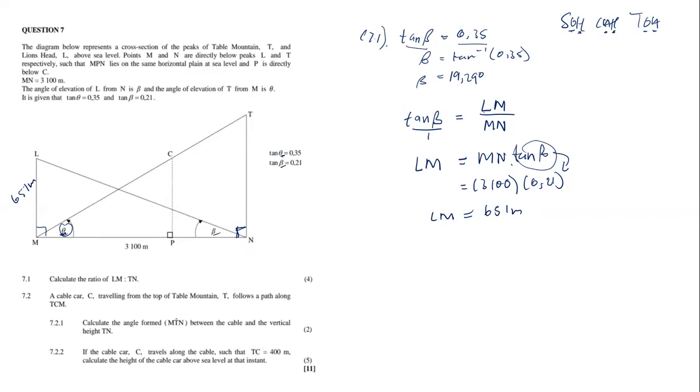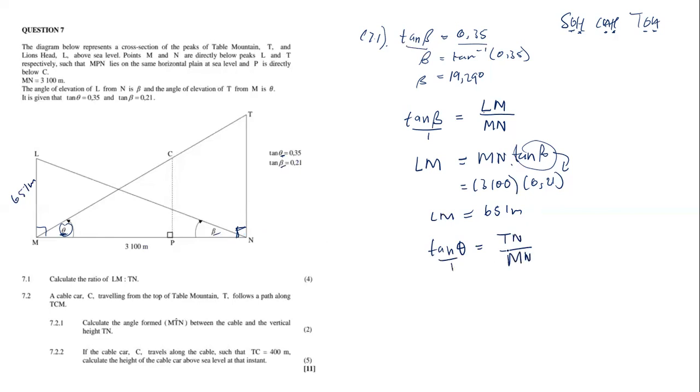Remember, we are looking for the opposite, and we are given the adjacent to the angle. So we're going to use tan theta, because you're talking about angle theta. Tan theta is equal to the opposite, in this case TN, divided by the adjacent, in this case MN.